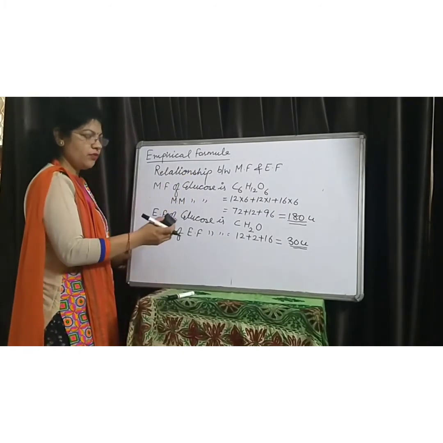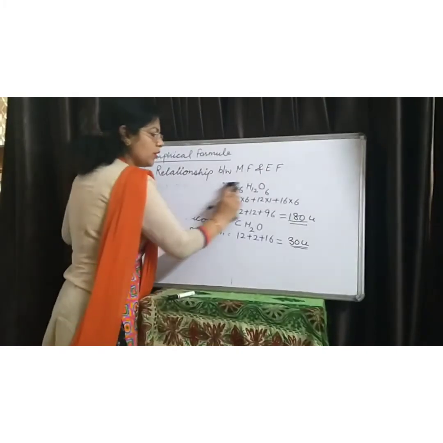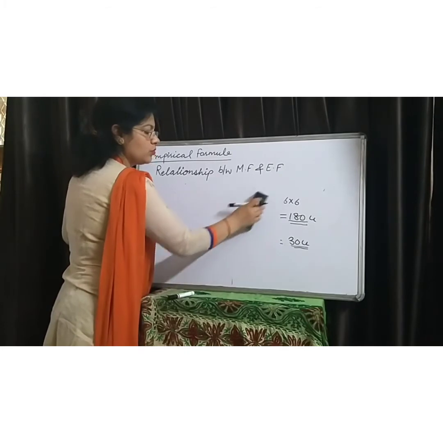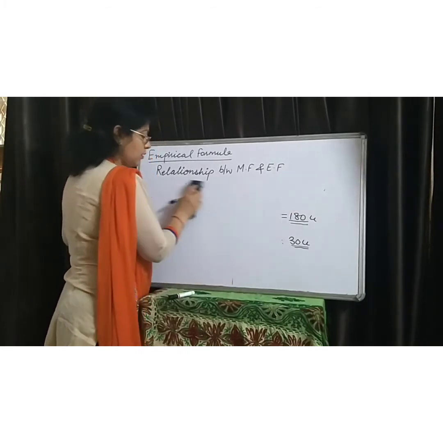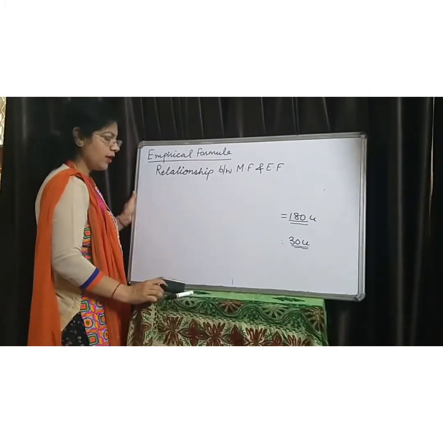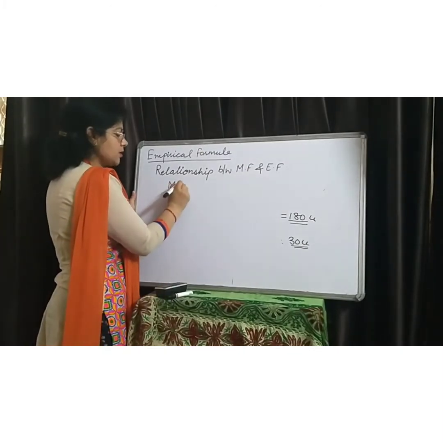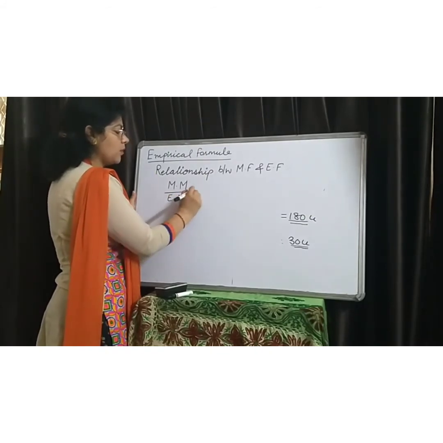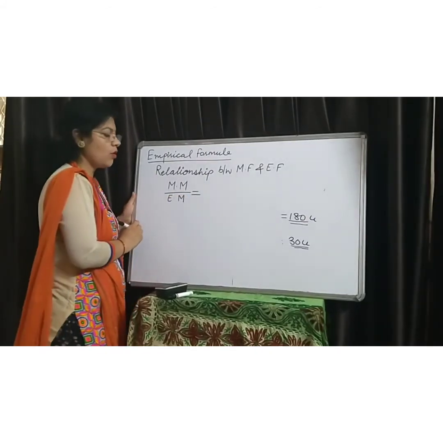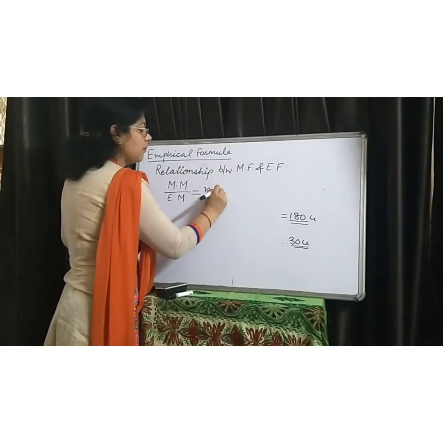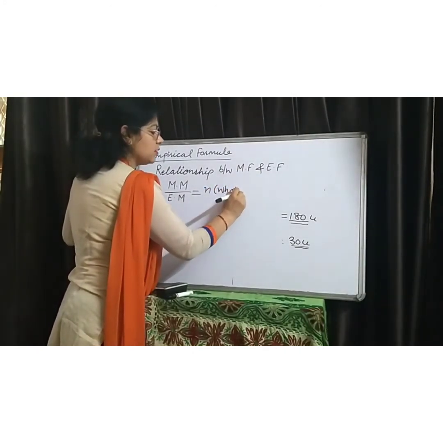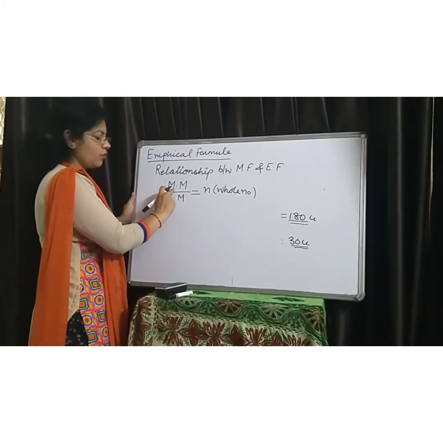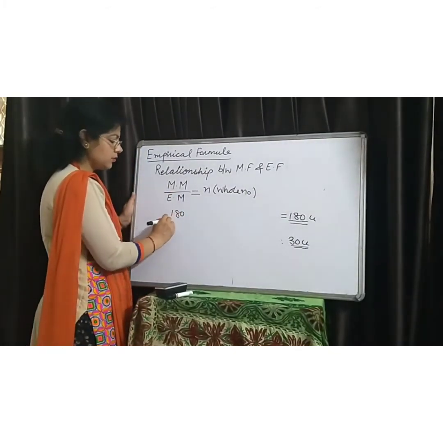If we divide the molecular mass by the empirical mass, then it comes out to be a whole number. We divide the molecular mass by the empirical mass of the compound, then it always comes out to be a whole number n. The molecular mass of glucose is 180.